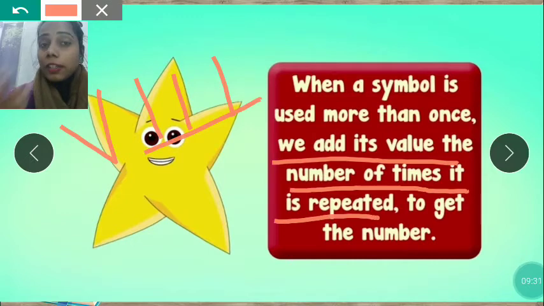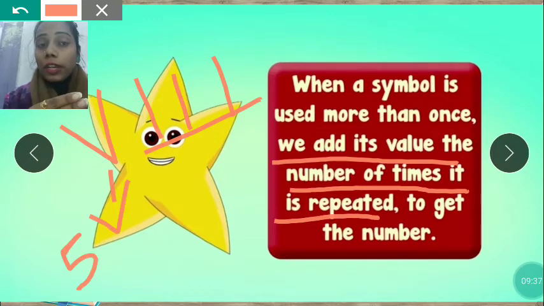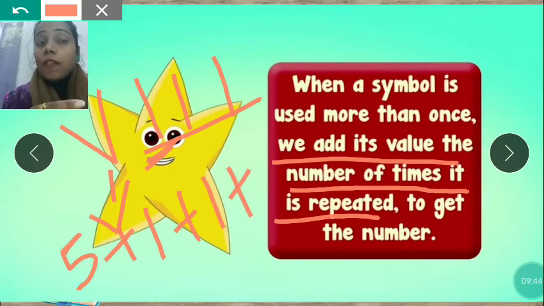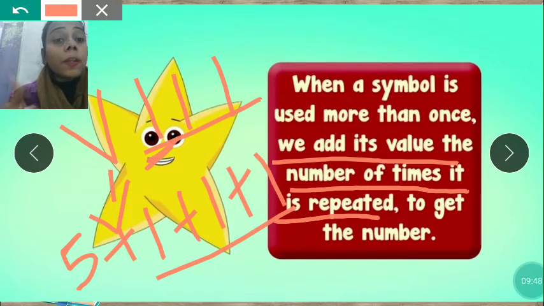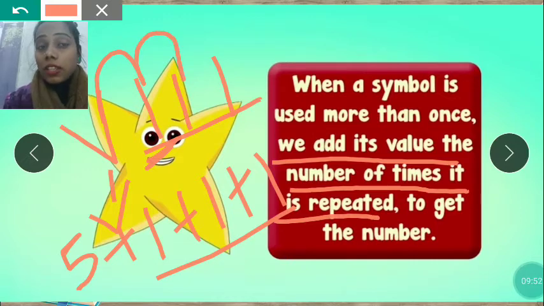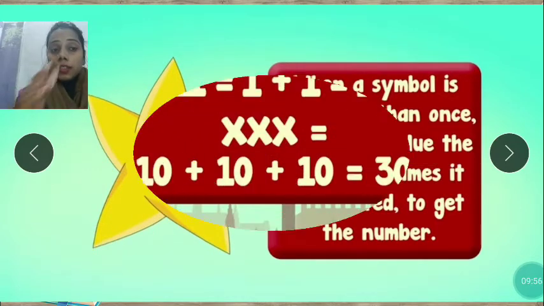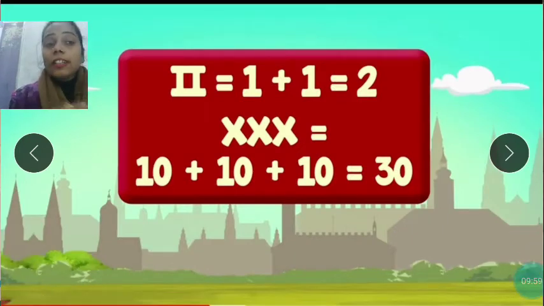I has been repeated 3 times, so what have we done here? We have added the values. If V indicates 5, then the value of I is 1, so we have just added all these repeated symbols to get the number: 5 plus 1, 6; 6 plus 1, 7; 7 plus 1, 8. So if any symbol gets repeated, what will we do?